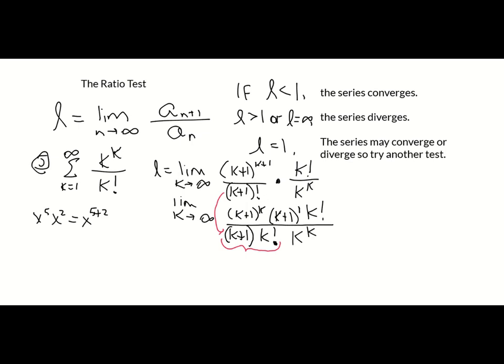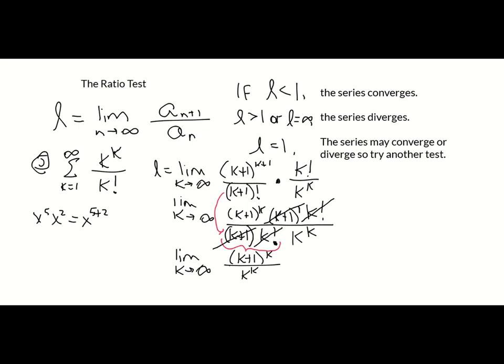So we're going to have some things that are able to cancel out now. K plus 1 on top divides out with k plus 1 on the bottom. This is great. This is nice. This is good. K factorial divides out with the k factorial on the bottom. So now we're looking at the limit as k approaches infinity of the quantity k plus 1 to the k power divided by k to the k power.